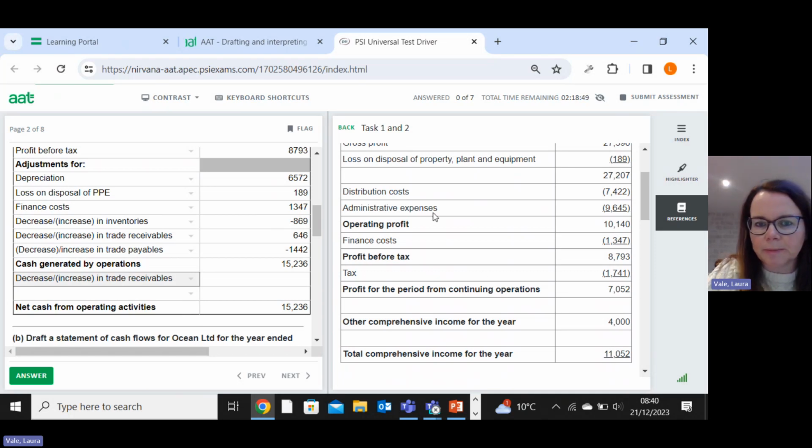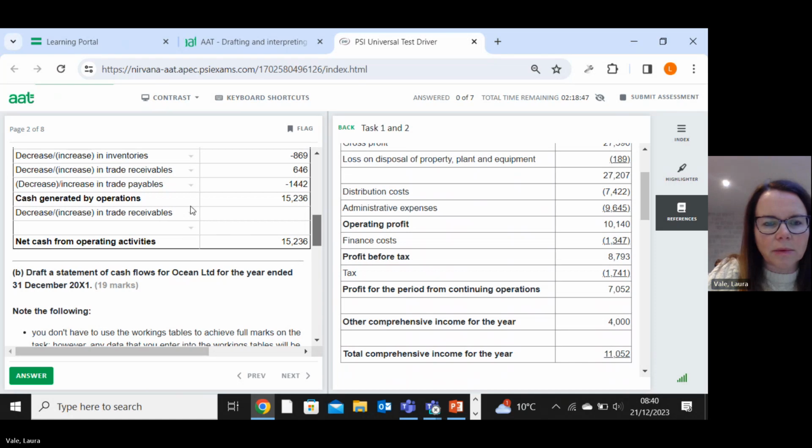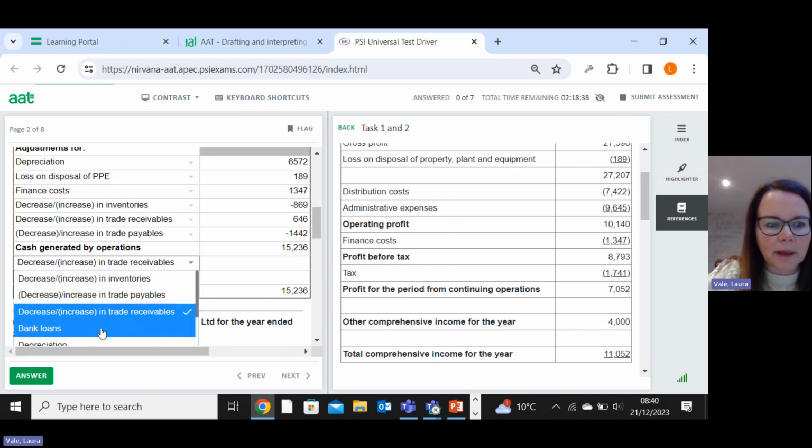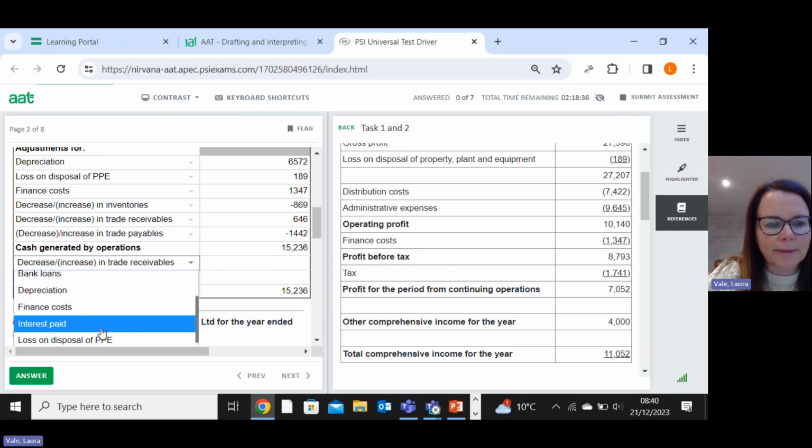Be careful here, because we had finance costs up above, and here we want interest paid.